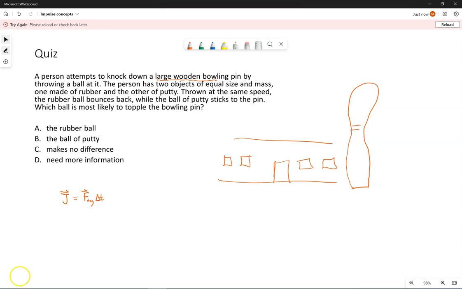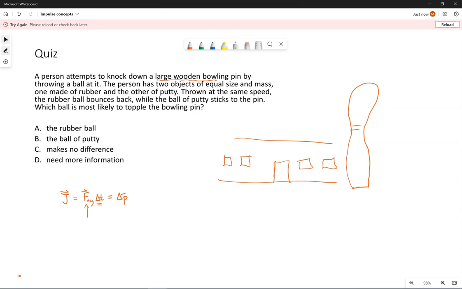So ultimately, the one that can apply the biggest force, or for the longest amount of time, but we have to be really careful with this delta t. We mean specifically just that very short time where we're considering the collision part as an impulse. So even though the putty sticks to the pin, we're not talking about that forever amount of time it stays sticking there.